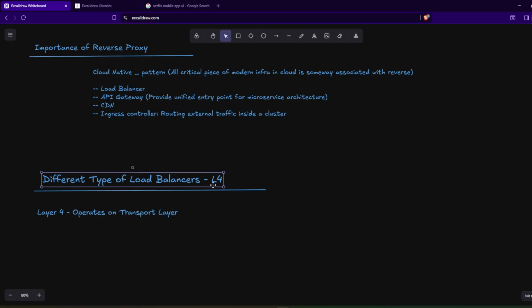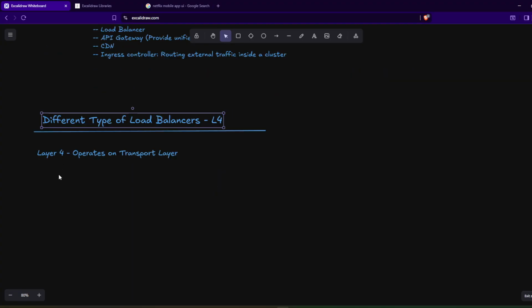So what is this L4 or layer 4 load balancer, and based on what does it control the traffic? Of course, routing and controlling the traffic is the primary responsibility of any load balancer, right? So what are the primary components the L4 load balancer uses?